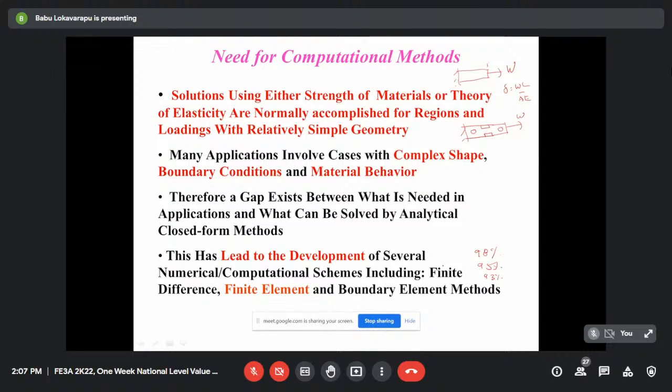Therefore, we are going to get only approximate results, and in approximate results, you have to make the best approximation always. How do you make the best approximation? That we'll discuss just after a couple of minutes.